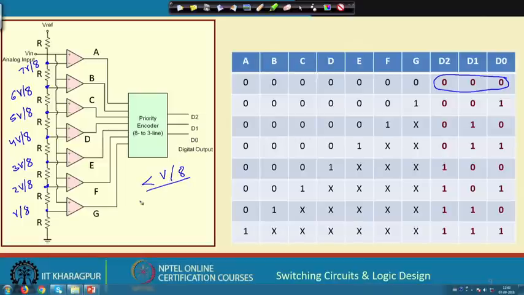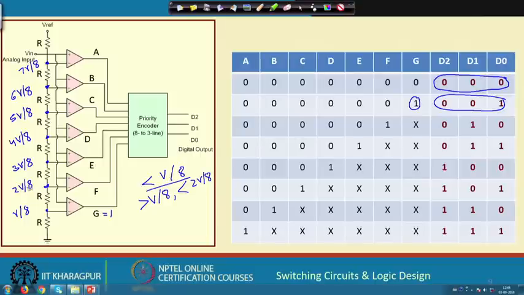Suppose now my voltage is greater than V by 8, but less than 2 V by 8. So, only the comparator G will be 1, all others will be 0, right. You see G is 1, all others are 0, and this is encoded as 0, 0, 1.